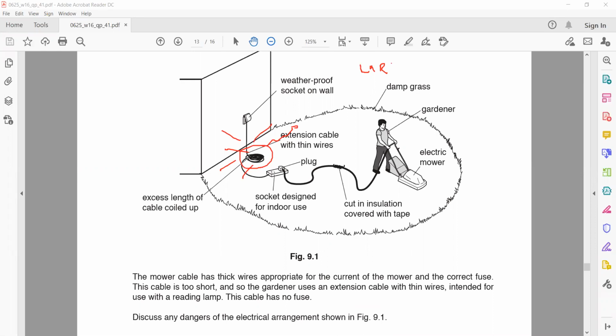In the same way, overheating can be there, or too much heat is produced because you are using long wires. Electric shock: a gardener might get an electric shock in moist or wet conditions. Thin wire has high resistance, so it produces more heat energy, and due to high heat energy there might be overheating or a fire.